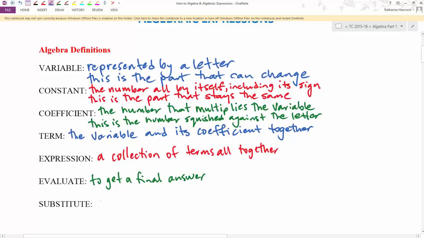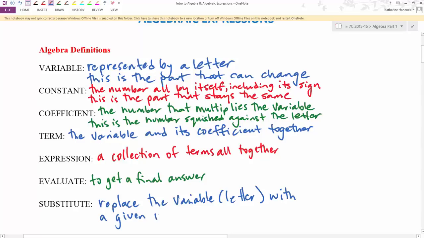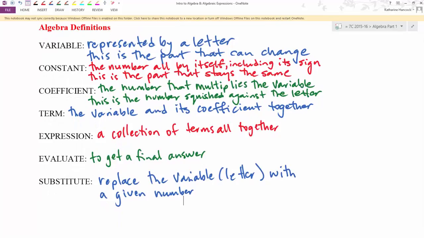Substitute is to replace the variable, and remember the variable is the letter. So replace the variable or the letter with a given number. So we have all the definitions. You can pause now if people need a bit more time.